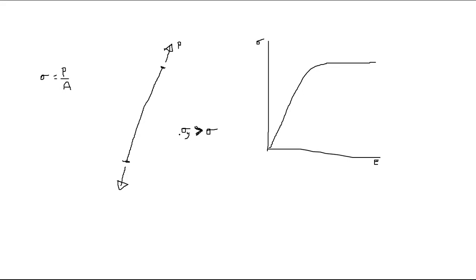In a similar manner, you can go for compression members as well, but in compression, apart from the yielding, you have another one called buckling, right? So what is actually buckling?